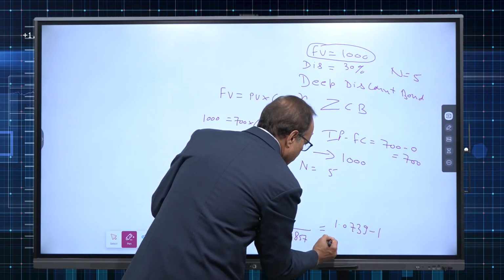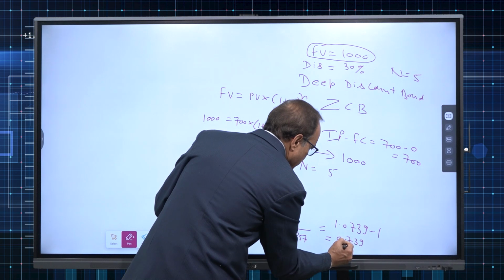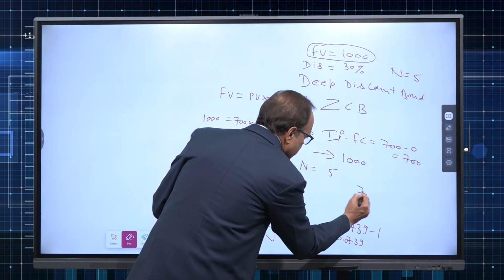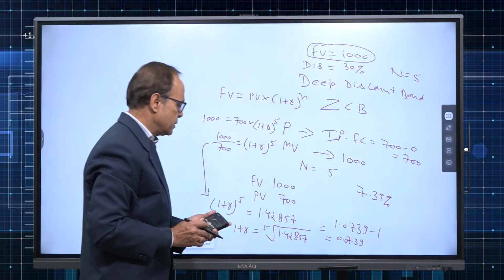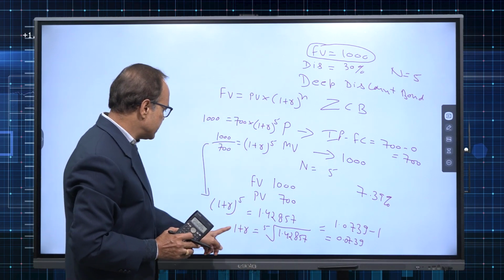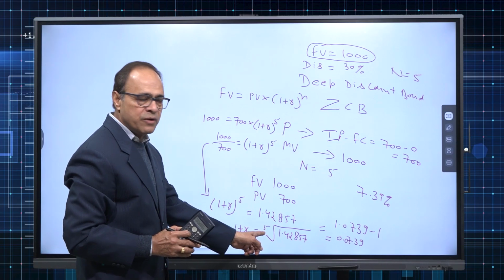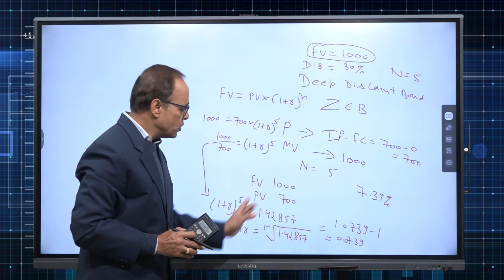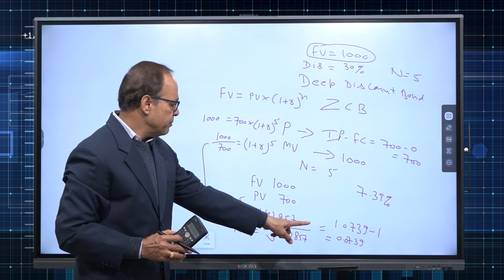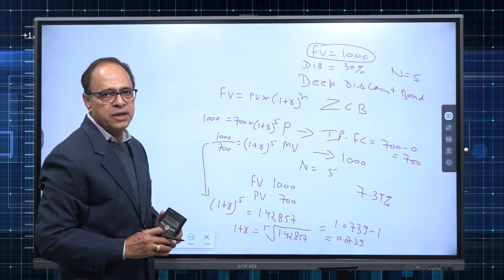Minus 1, so we get 0.0739 or 7.39%. Because the answer for 1 plus R equals the fifth root of this value, we get 1.0739. 1 goes on the other side, so that makes it 0.0739. So we get the answer 7.39%.